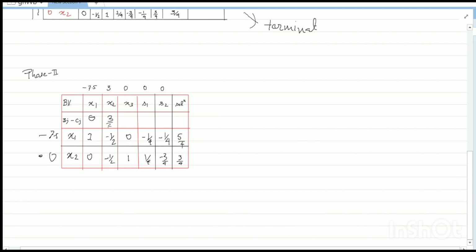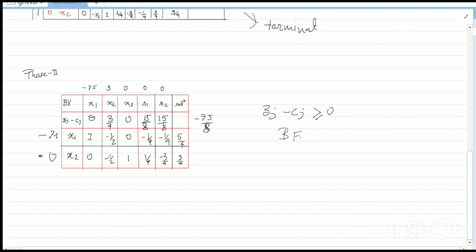And this is 0, and this value is 15 by 8 and 15 by 8. So the solution is minus 75 by 8. Now friends, I don't need to solve further, because all Zj minus Cj are greater than or equal to 0. I get my BFS.